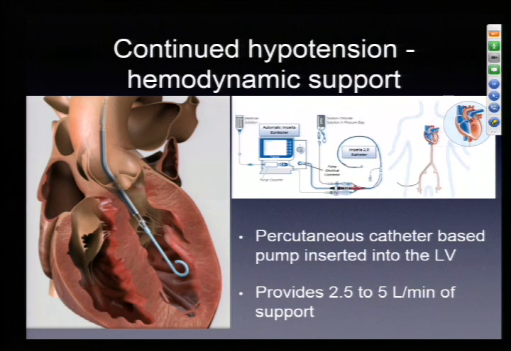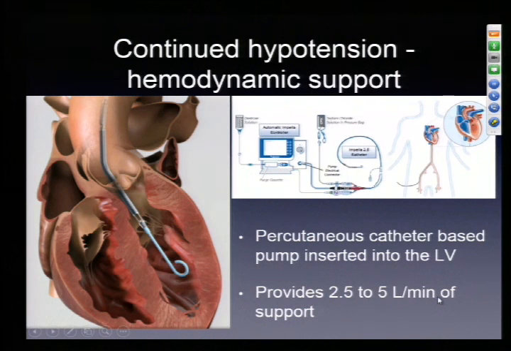So I want to talk briefly about hemodynamic support because I think this is one of the topics that you probably are not familiar with in interventional cardiology, and there's been some big improvements in this over the last couple of years. So in this case, what we decided to do was place a percutaneous catheter-based pump which can support the ventricle. Depending on which one you choose, they can provide about 2.5 to 5 liters of support.